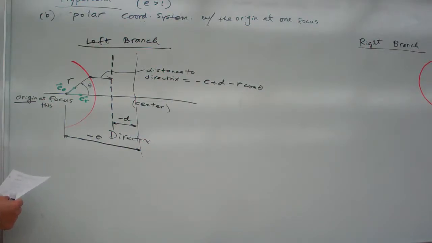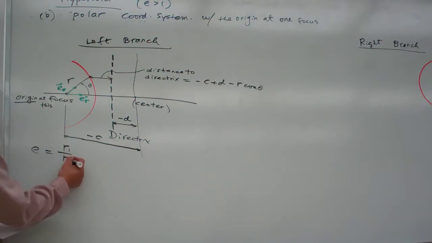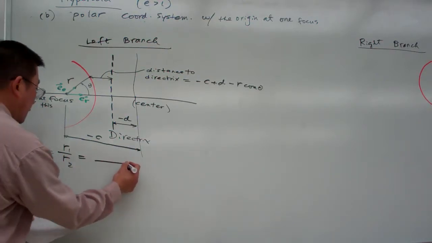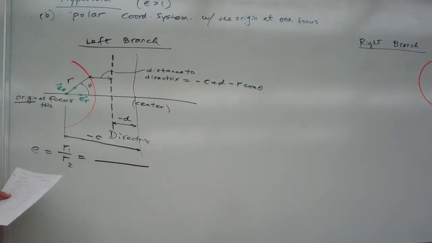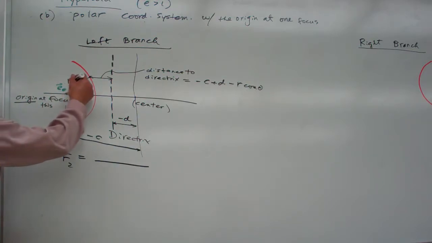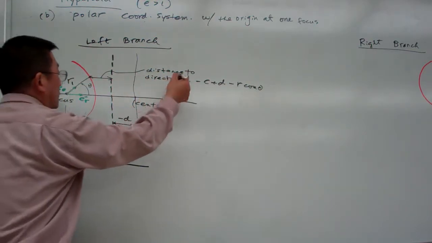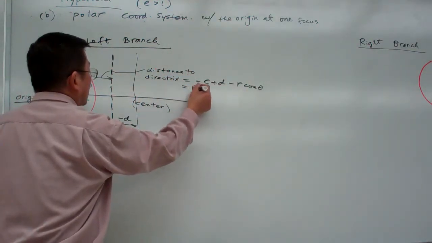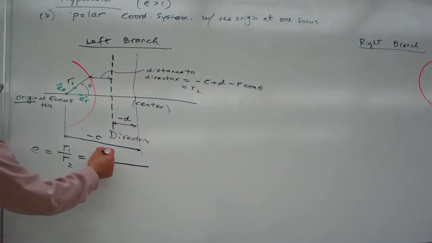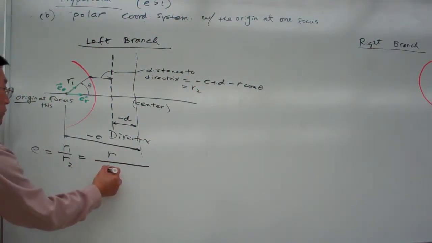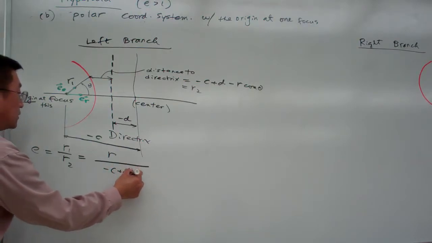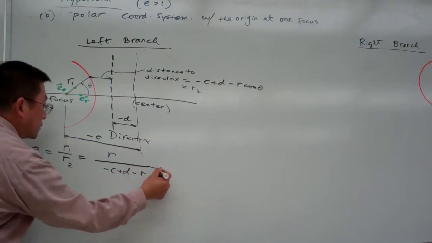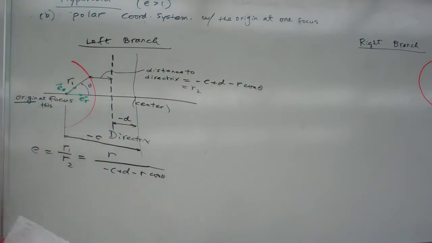So from R1 and R2, using these properties, e equals R1 over R2. From here, R1 is the distance to the focus, and the distance to the directrix, this is R2 per our definitions. So this is r, and R2 is minus c plus d minus r cosine theta.